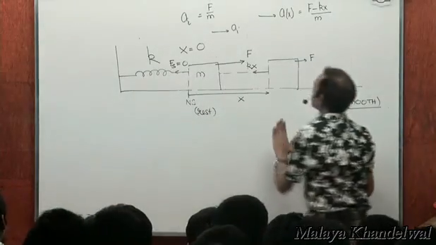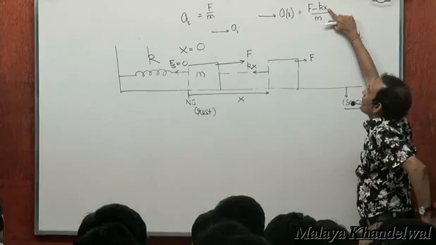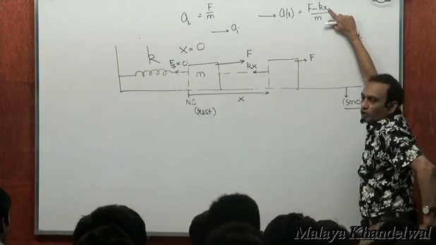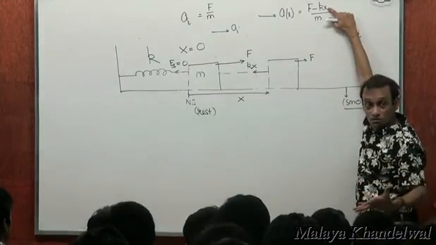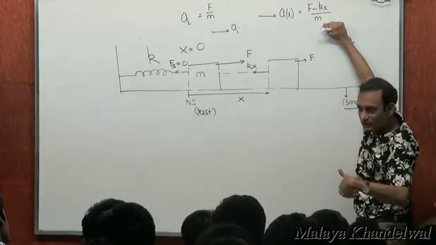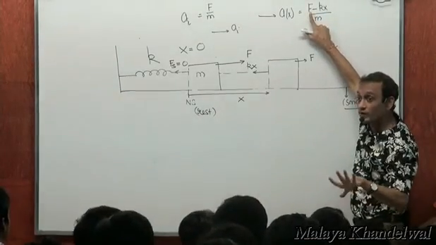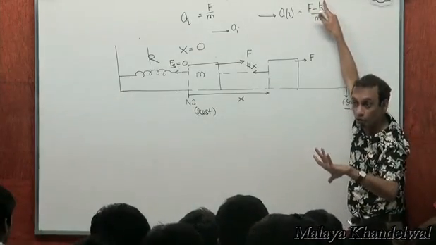Now, see what is happening. As the spring is getting more and more elongated, this kx is growing in stature. So acceleration is decreasing because F is remaining the same. F on a relative scale is getting weaker compared to kx.